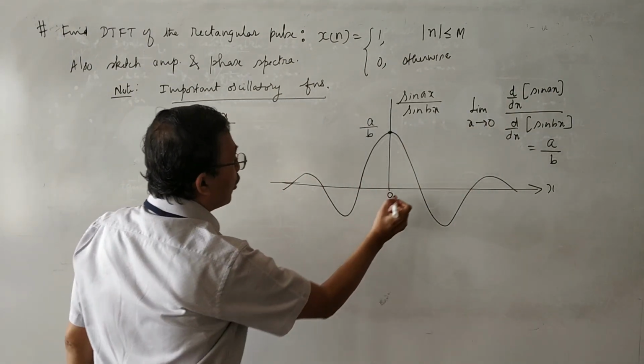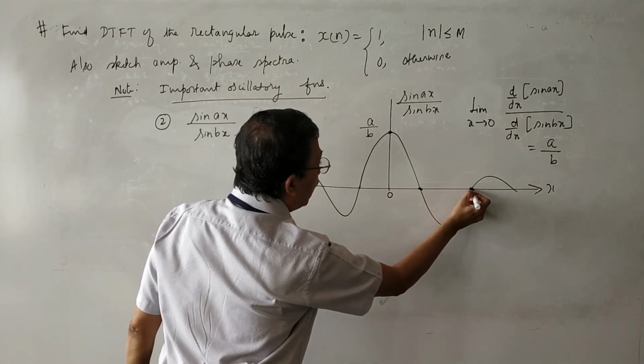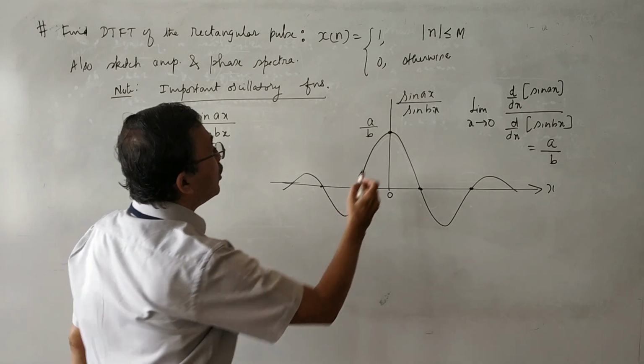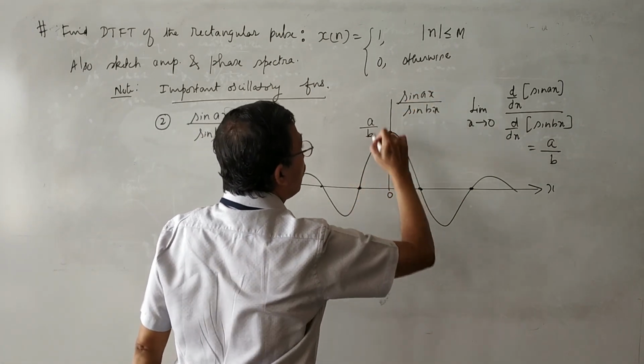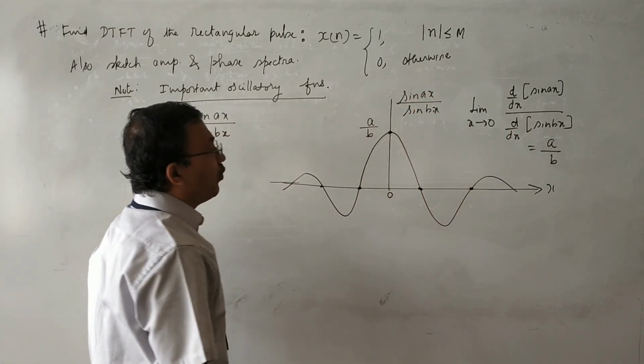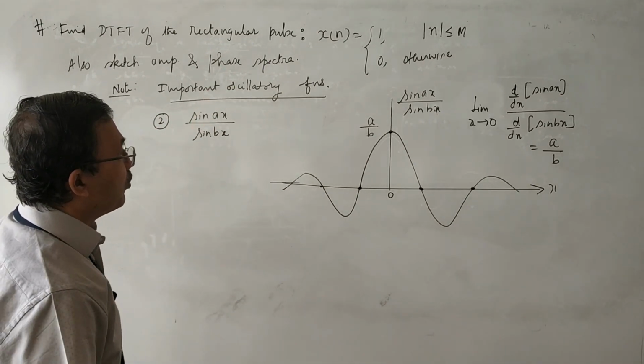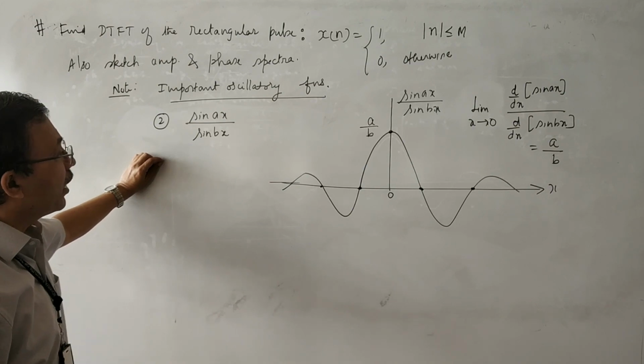These are all called zero crossings of the oscillating functions. To find these zero crossings, sin bx by sin x should be put equal to 0, and then we have to find the values of x. That I will demonstrate in this particular problem. So 3 oscillating functions I have discussed.